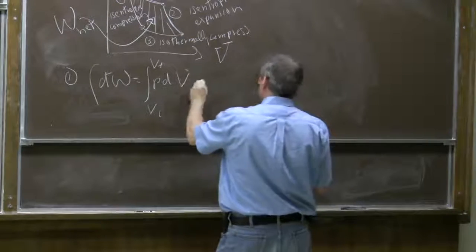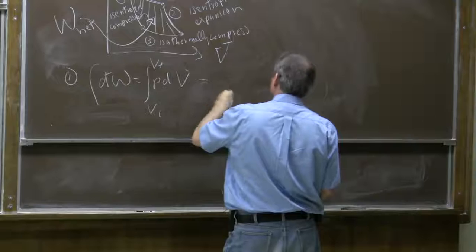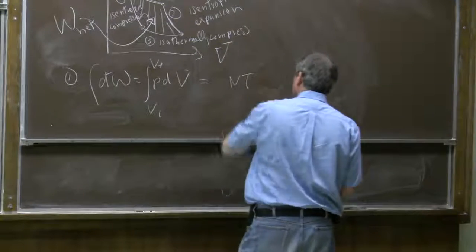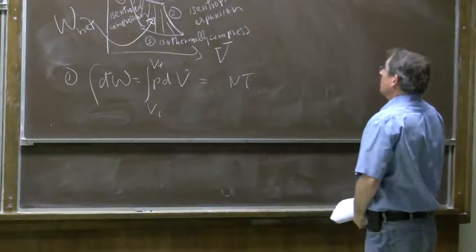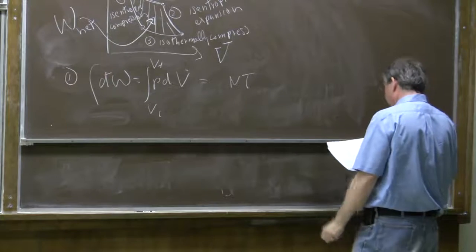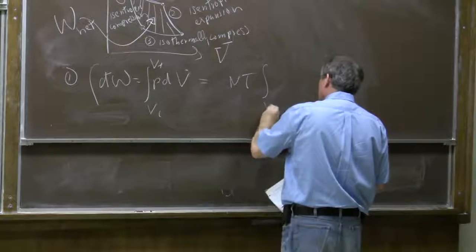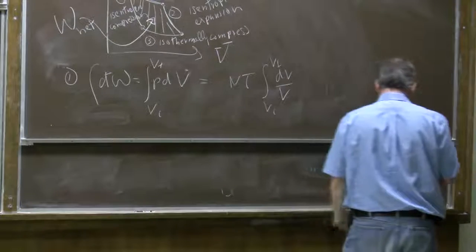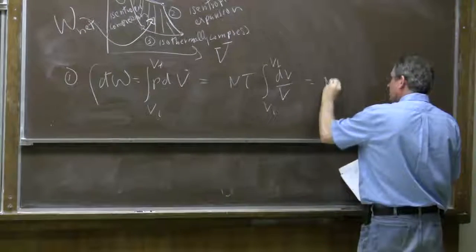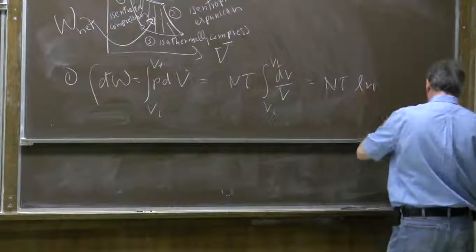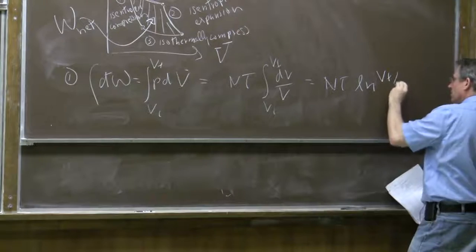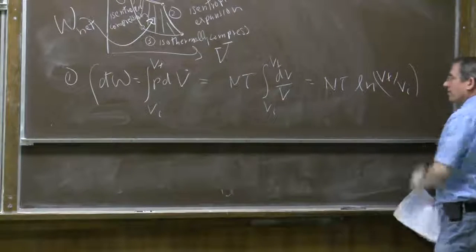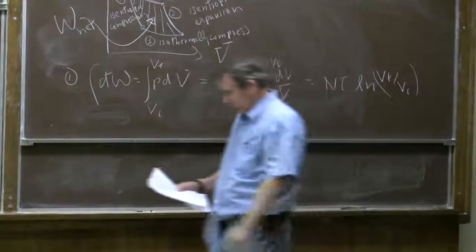And now I use the ideal gas law, which tells me that, temperature being fixed because it's isothermal, the pressure is falling off like 1 over V. So I'm integrating from the initial to final volume, dV over V. The integral is natural log of V. So it's n tau times the log of the ratio of final volume to initial volume.